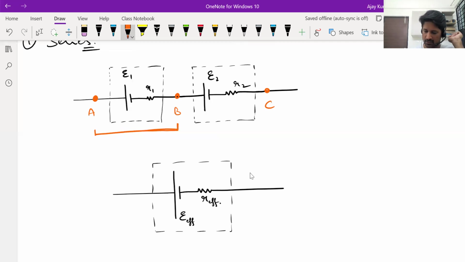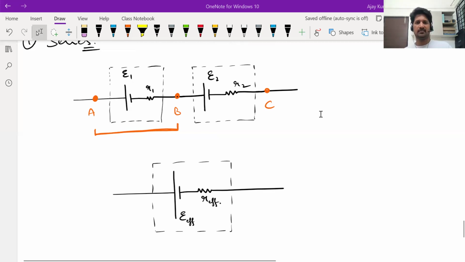When there's no current, what is the potential difference across the first cell? Zero? Why will a cell not have potential difference? It will be E, sir. It will be equal to its EMF.